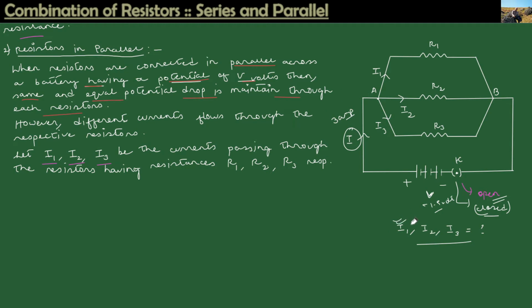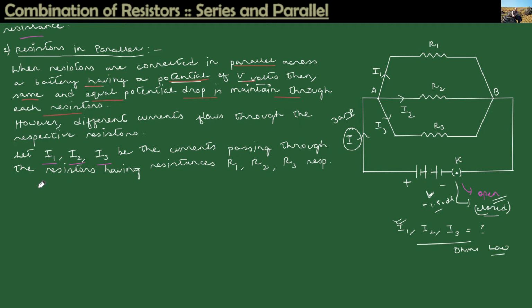So we have to find the individual currents through the resistors by using Ohm's law relation.